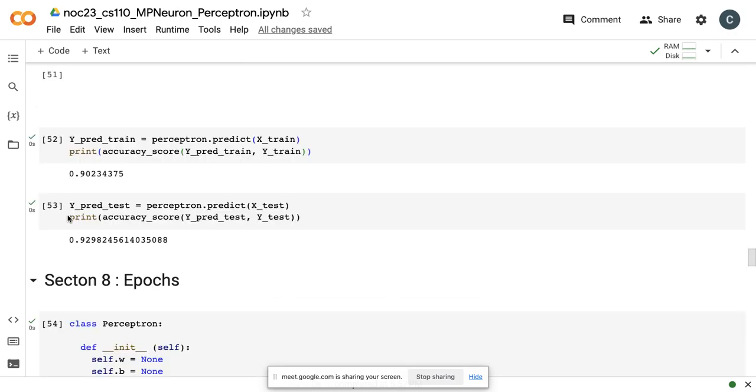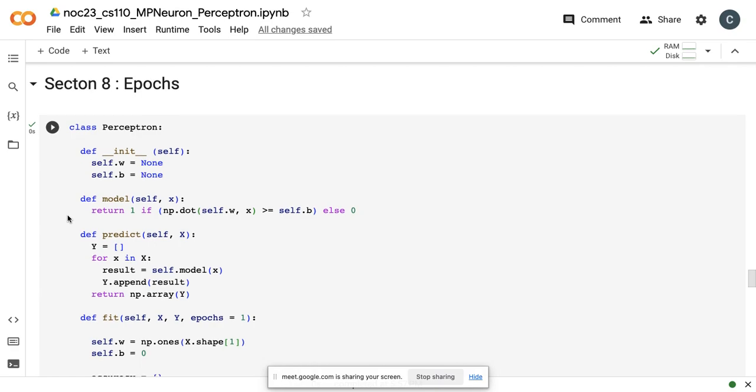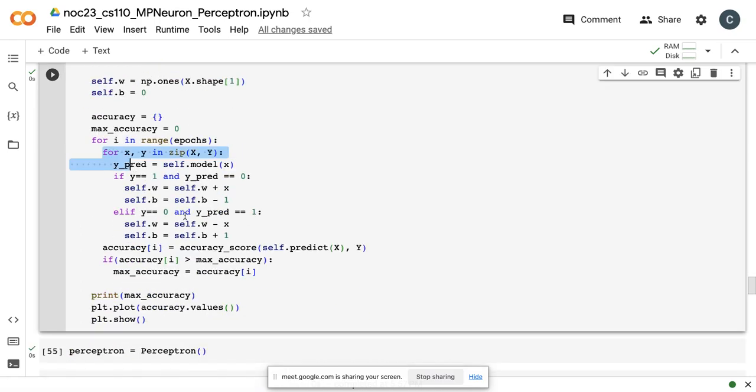For that we use the term epoch, where you tell how many times you want to iterate through the data again and again to improve the values of w and b, such that your accuracy improves. In simple terms, this is the learning algorithm that you are going to write. The only thing you do again and again is iterate over each data point multiple times using the epoch.